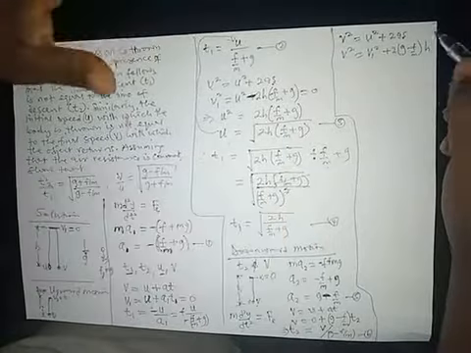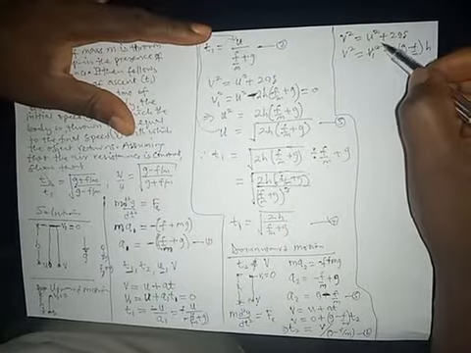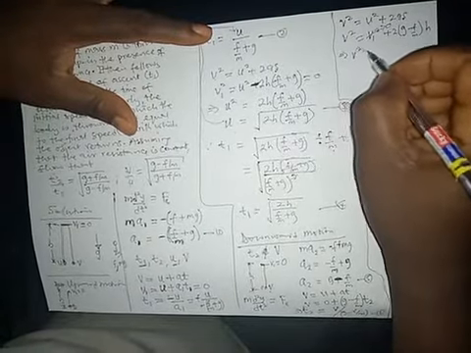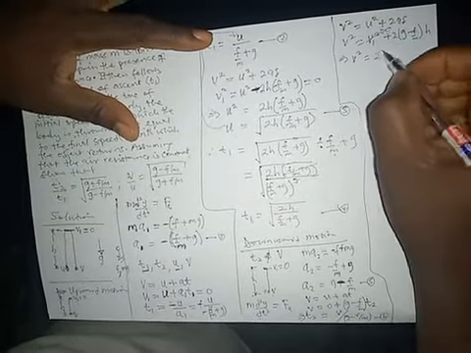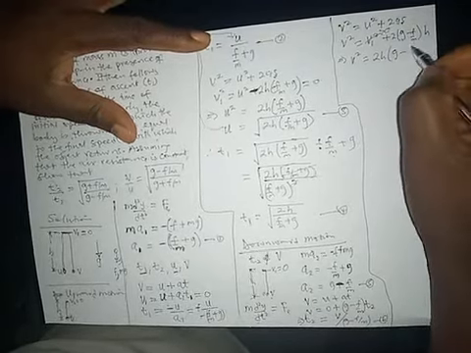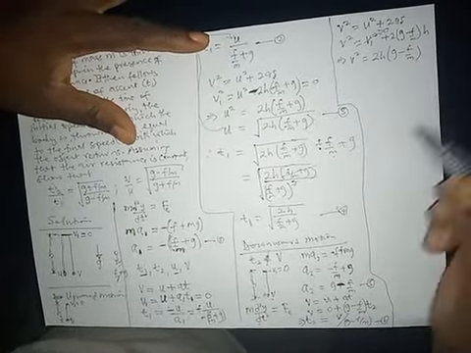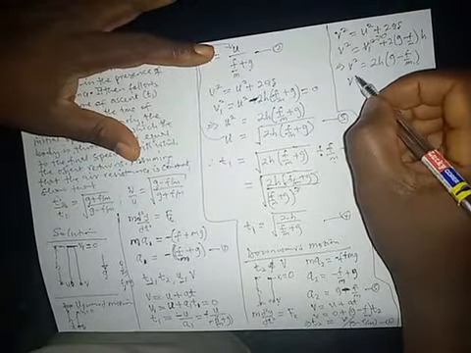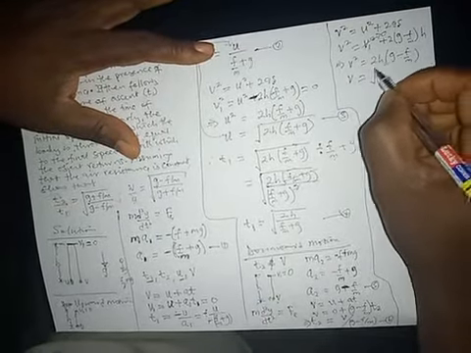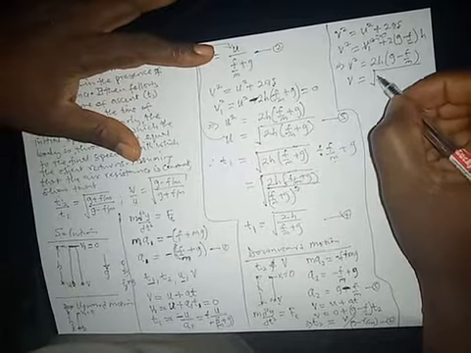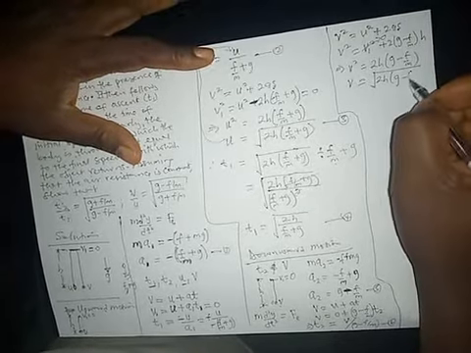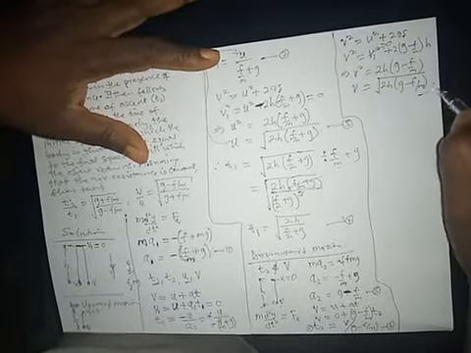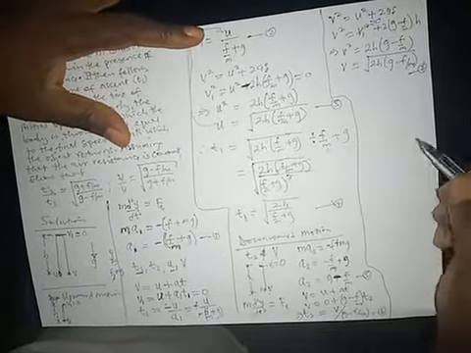That implies that v squared is equal to 2h into g minus f over m. Here we can find the square root, so v is the square root of 2h into g minus f over m. Maybe we call this equation 7.